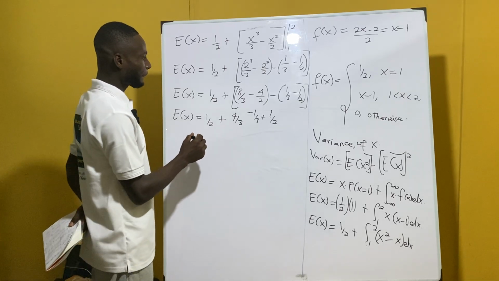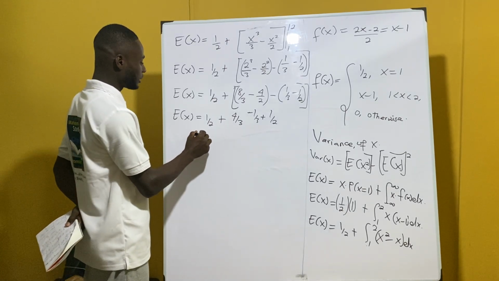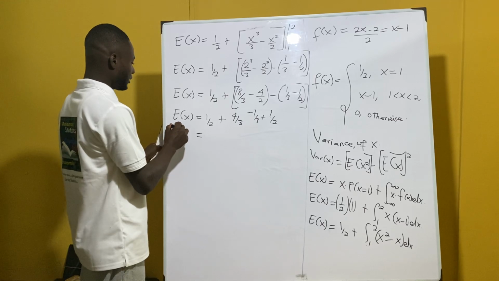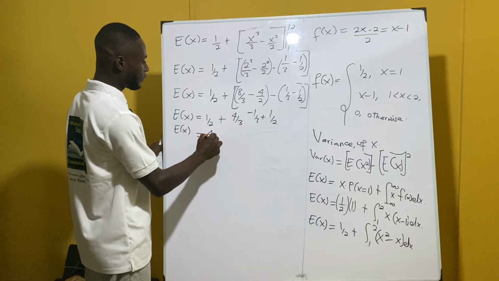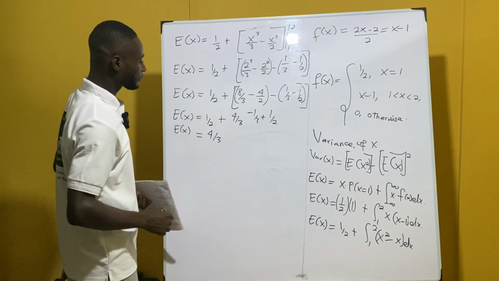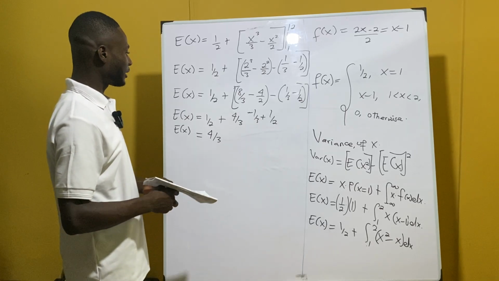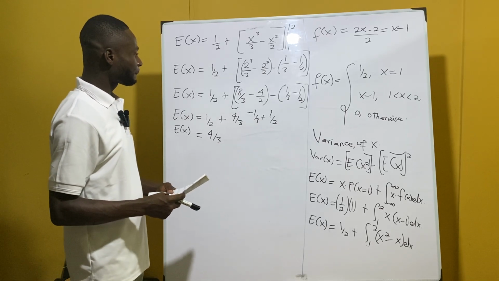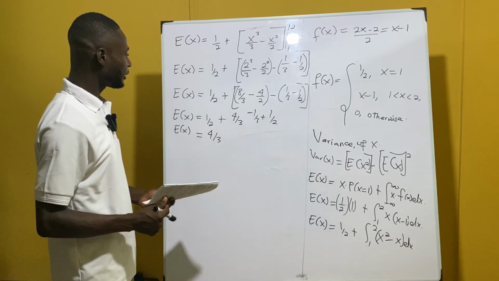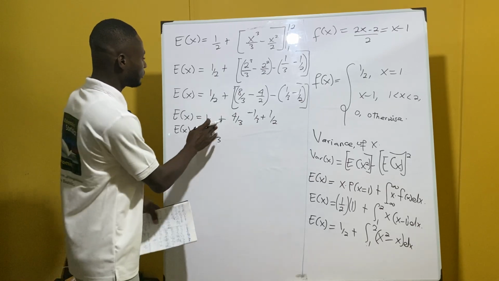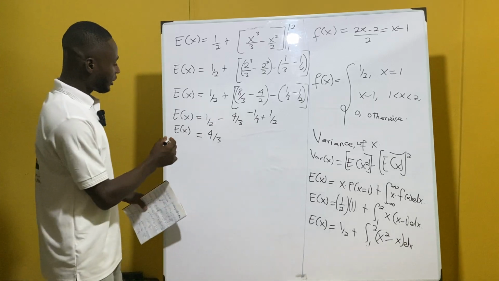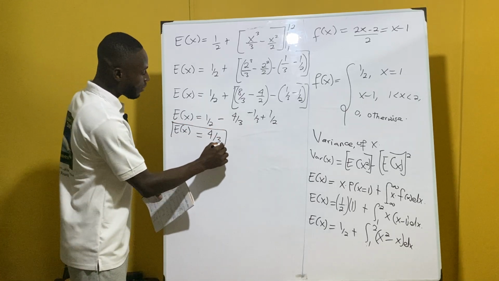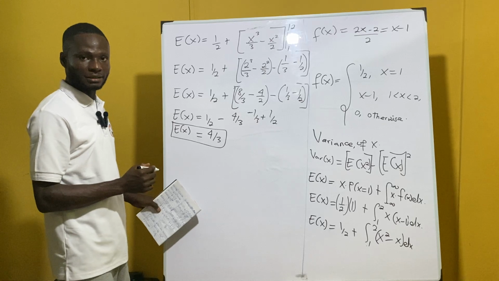So from here, you can say that the expectation of x is equal to 4 over 3. So we have been able to find the expectation of x.